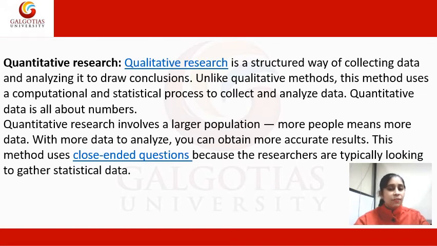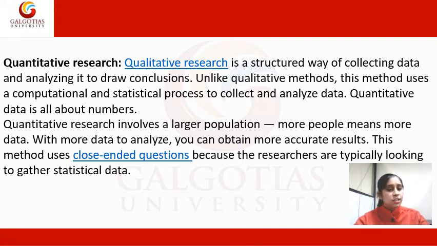Now let's have a look at the other two kinds of methods which are followed in empirical research. The first is the quantitative method or quantitative research, which is a structured way of collecting data and analyzing it to draw conclusions. Unlike qualitative methods, this method uses a computational and statistical process to collect and analyze data.